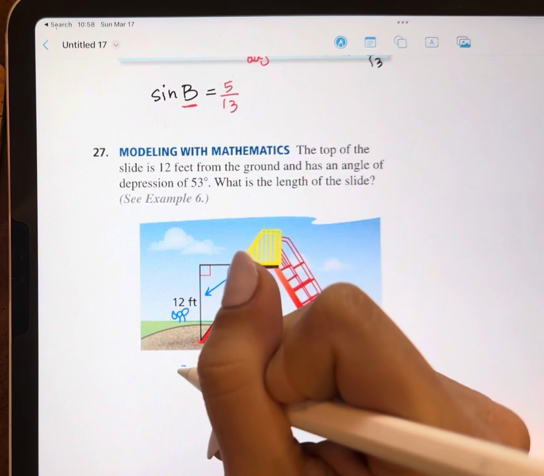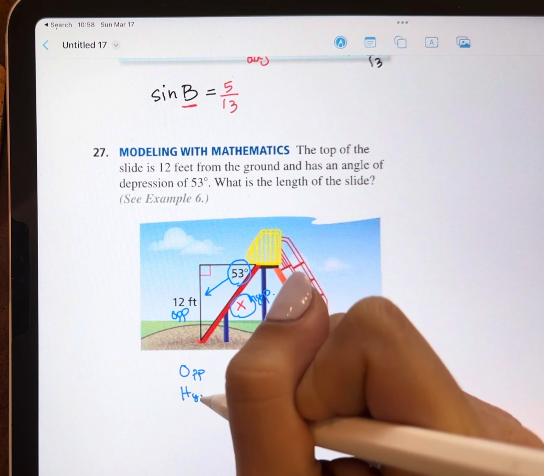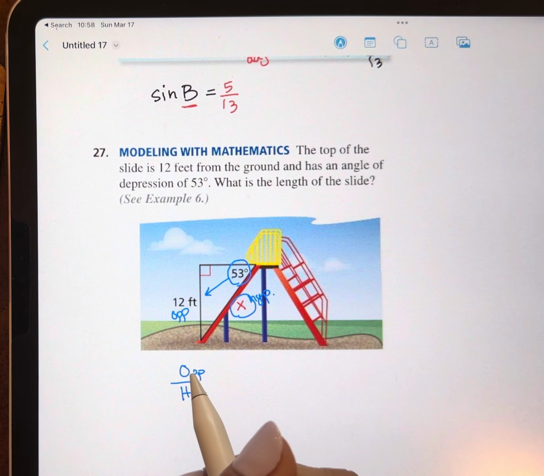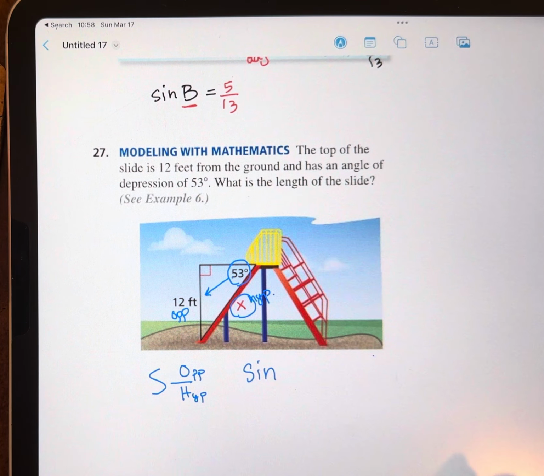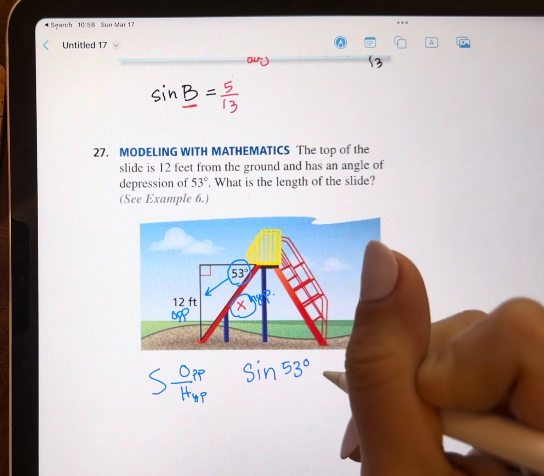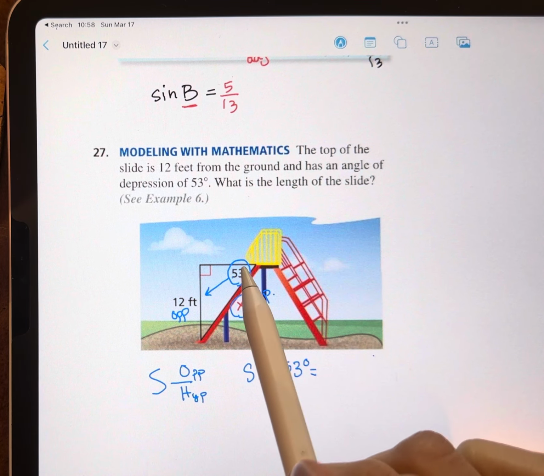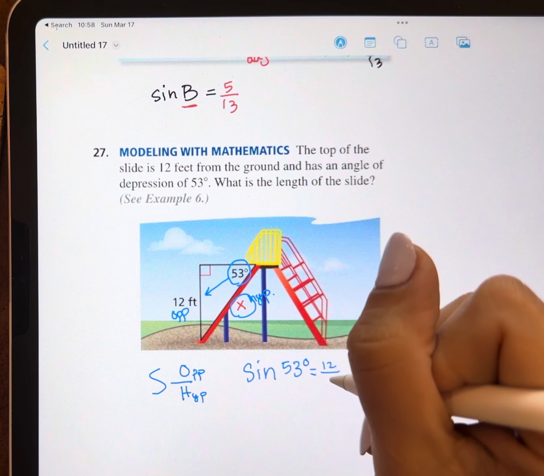So if I have opposite and I have hypotenuse, that's O and H, so sine. Sine of what? Always an angle. Sine of 53 degrees equals opposite, which is 12, over hypotenuse, which is x.